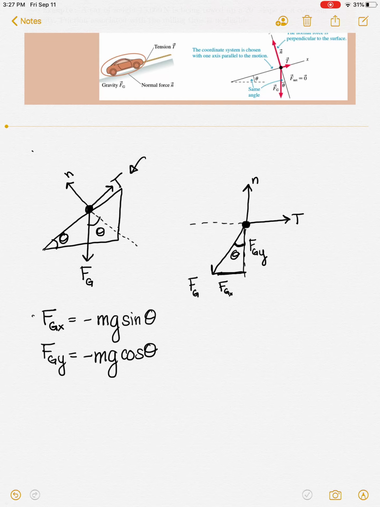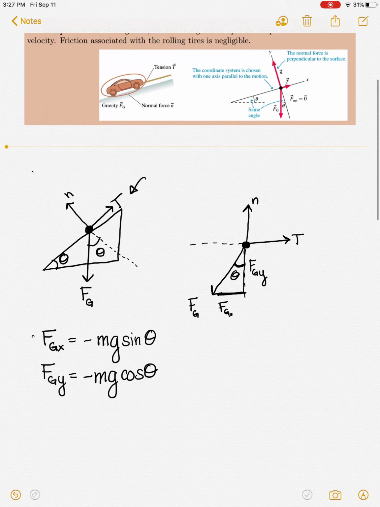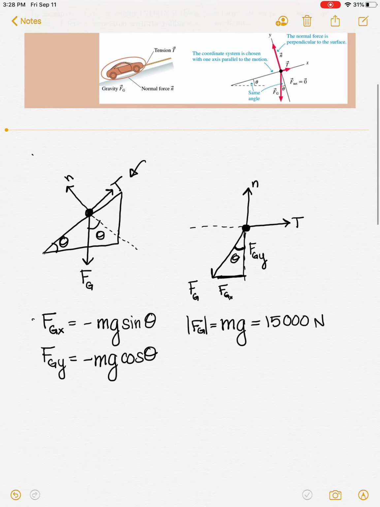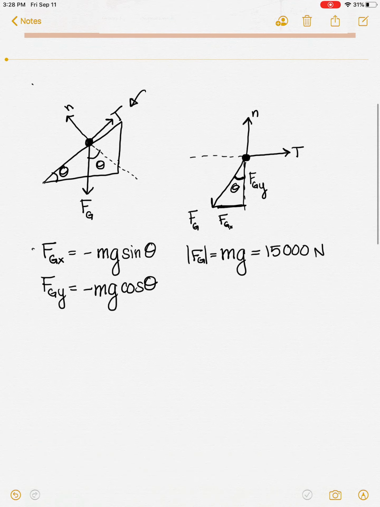If we want to solve for the tension force here, how would we go about doing this? We know that mg, since it's going to be the weight, is 15,000 newtons. So this is the magnitude of the force due to gravity. Whenever we set up our problem, we have to think about the x and y components.